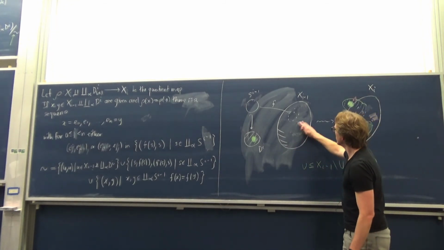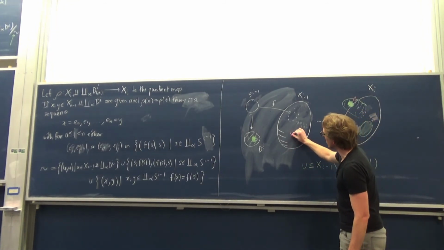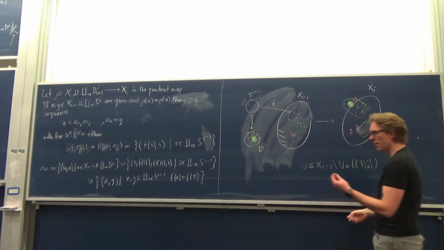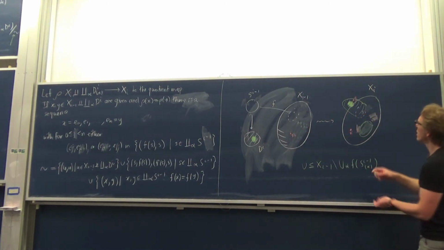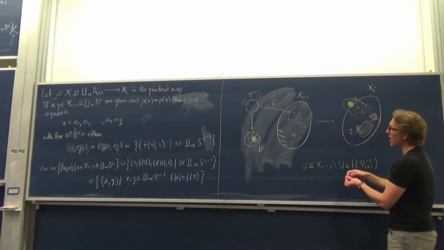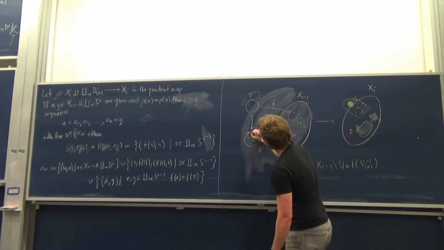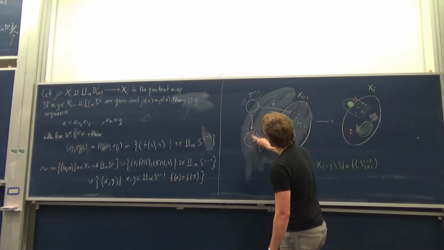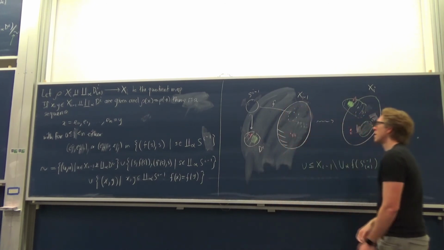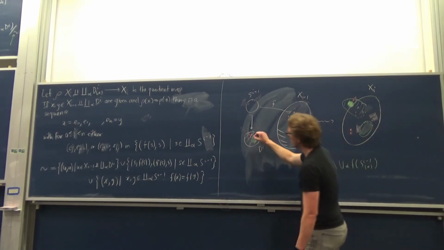Okay, so choose a pre-image. Let's call the pre-image X0. And choose a pre-image of this. Again, there's exactly one. It's in some disk. Let's call that Y0.